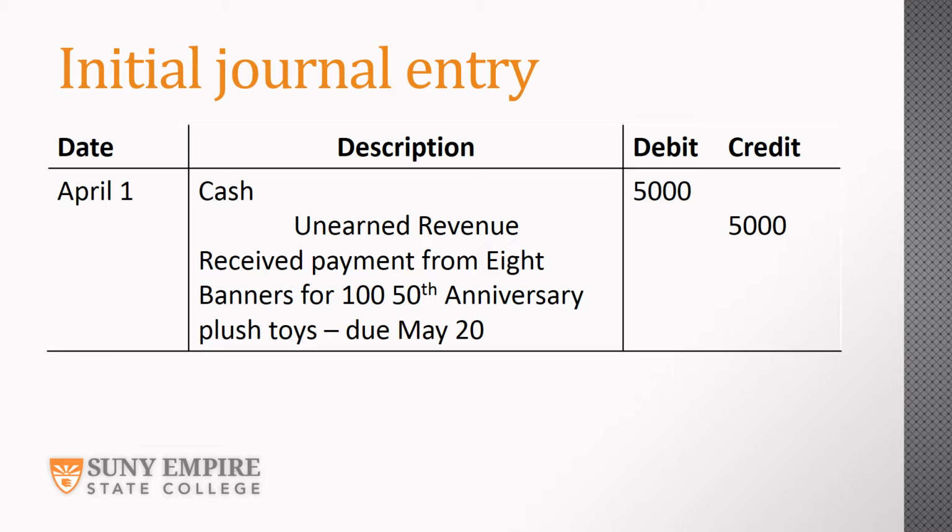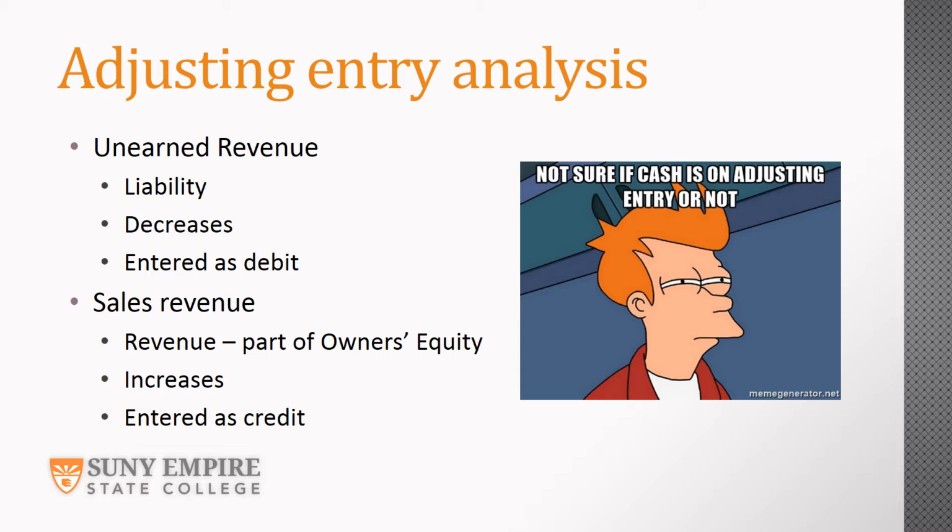But what happens when Polly delivers the plushes on April 30th? On that date, Polly removes the liability by actually fulfilling the obligation. Therefore, the liability decreases. This would be entered as a debit to the account.